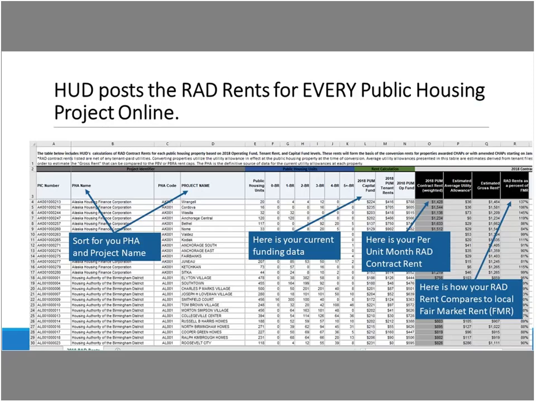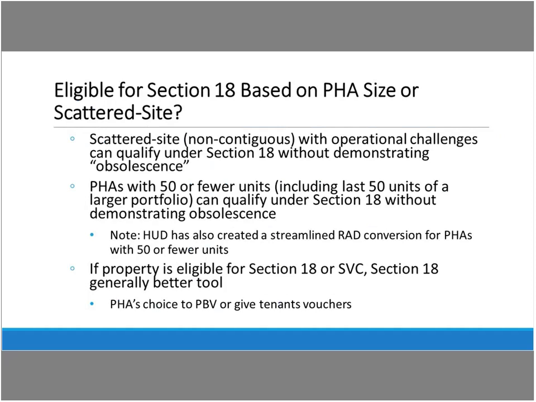Okay, I'm going to flip ahead to the slides again. The next couple of slides are going to take us back a little bit to some of the criteria around eligibility for Section 18.